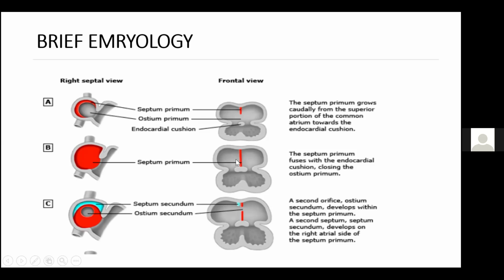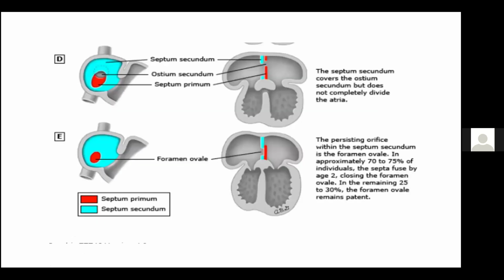That degeneration in the septum primum creates another opening, which is the ostium secundum on the septum primum, so that through that opening the communication will continue.